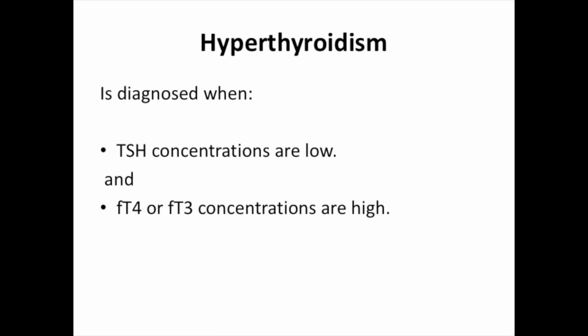You diagnose that when the TSH is low, and it is quite low in pregnancy sometimes, 0.1 or 0.3 or 0.2, but at the same time, the levels of T3 and T4 should be high to diagnose this case as frank hyperthyroidism, which needs treatment.